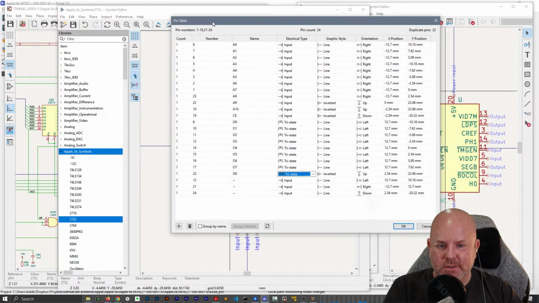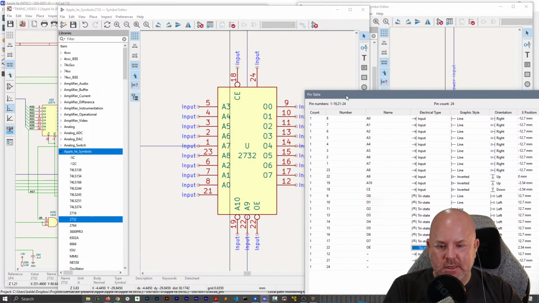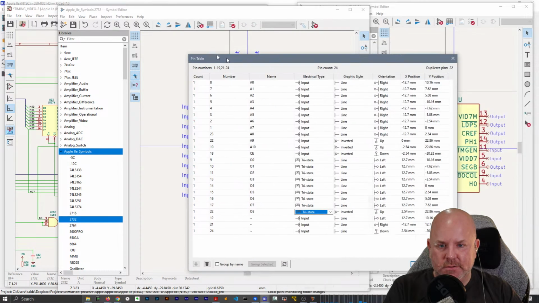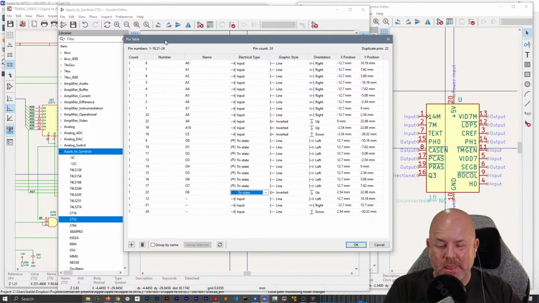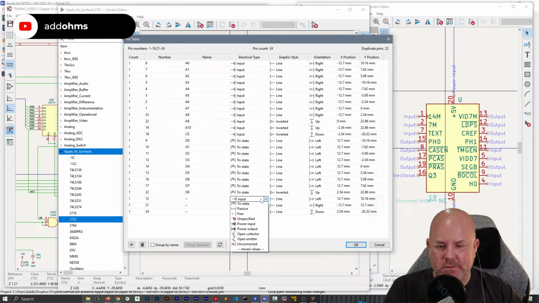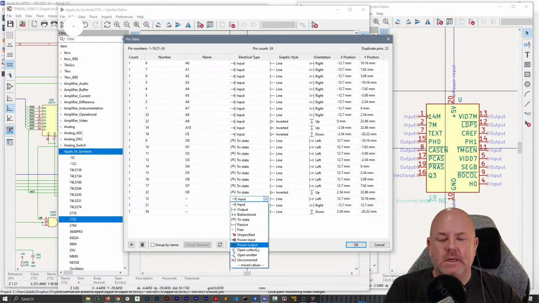It's just hanging out there doing nothing. Okay. 21, well, let's see. 24 is going to be VCC. And where's ground going to be then? It's probably 12. Right? Yeah.